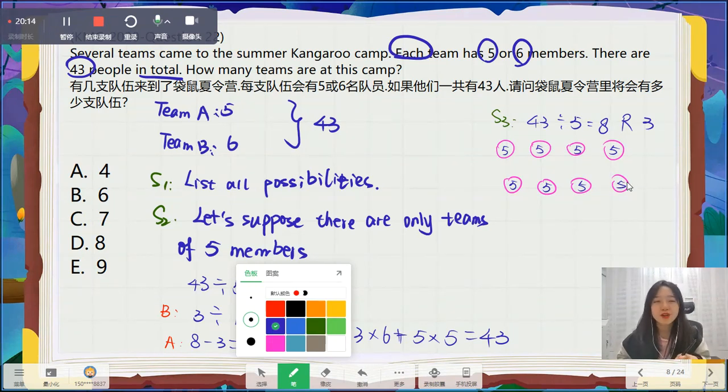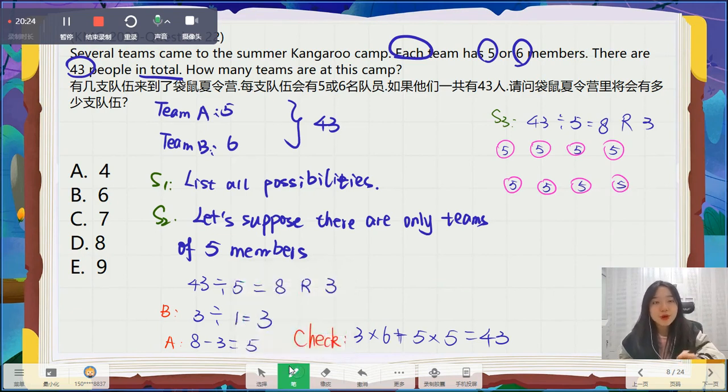But we found we still have 3 members. We still need to find a team for the left 3 members, right? So let's see. Can I just put all the 3 members in one team? Of course not, because the biggest number of members in one team is 6.